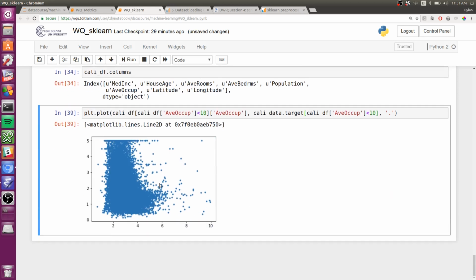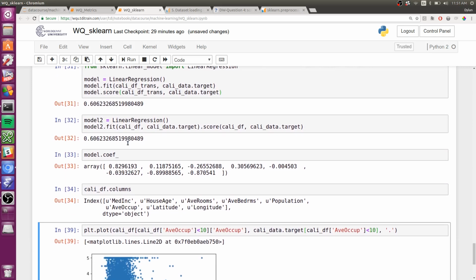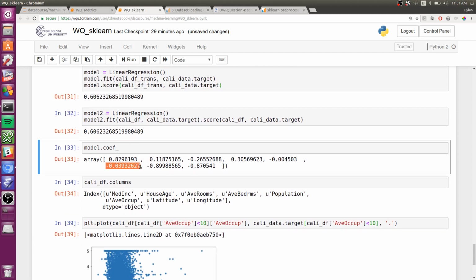There we go. So this just looks more or less like random scatter. I could maybe imagine fitting some kind of curve that comes down this way, but there's not a lot of pattern to this data. There's not a very distinct trend going on here. And unsurprisingly, the coefficients are accordingly quite small.